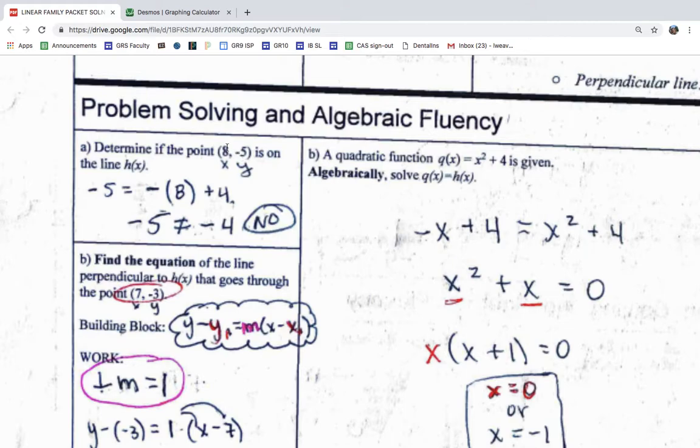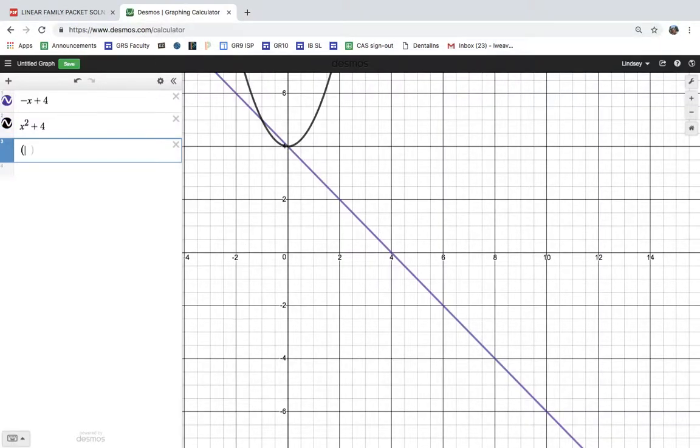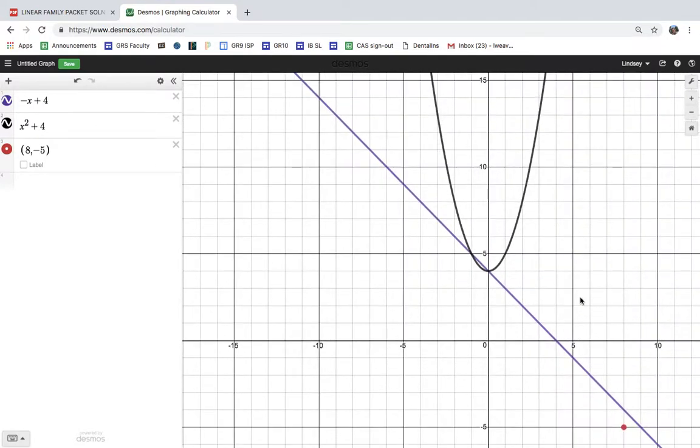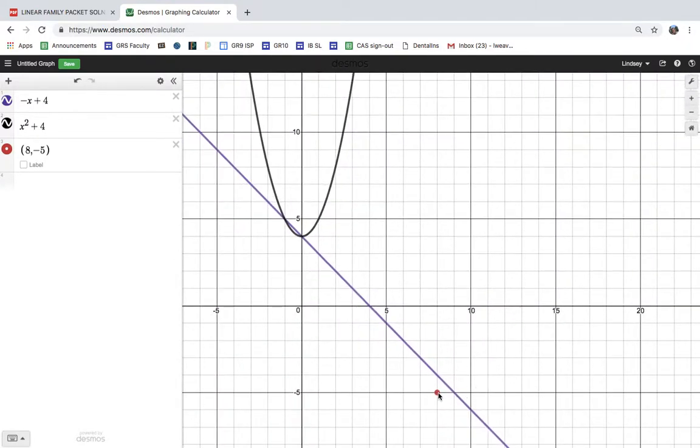So this must not be on the line. And I can confirm that on here. 8 comma negative 5 is way down here, and it's a little off that line because the line has the point 8 comma negative 4. So it is not on the line.